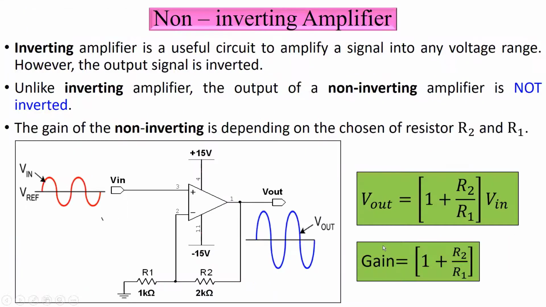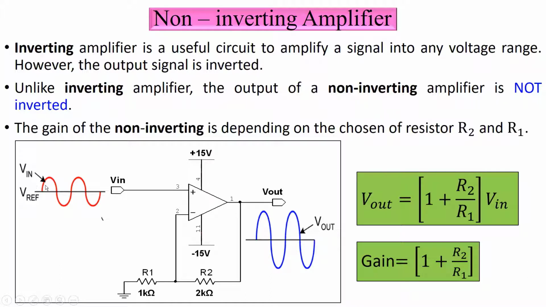Next, the op-amp can be used for non-inverting. If you configure this op-amp for non-inverting, you need two resistors here, R1 and R2, for the gain. When you have the input voltage here, it will amplify but it will not invert it.